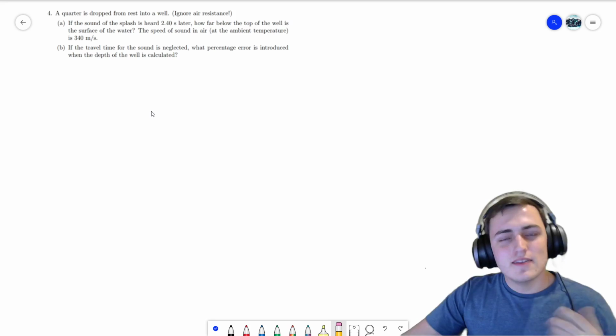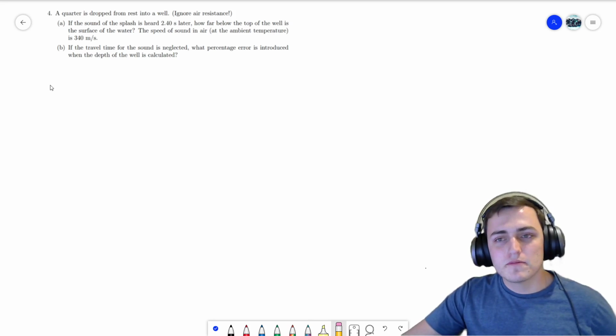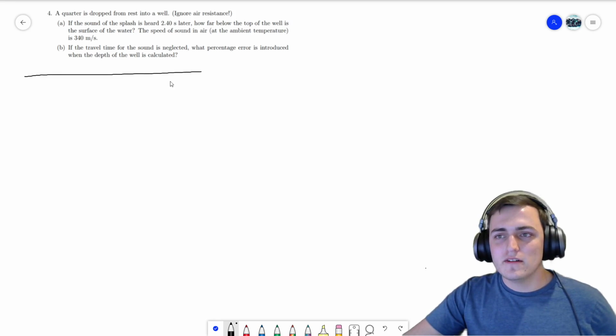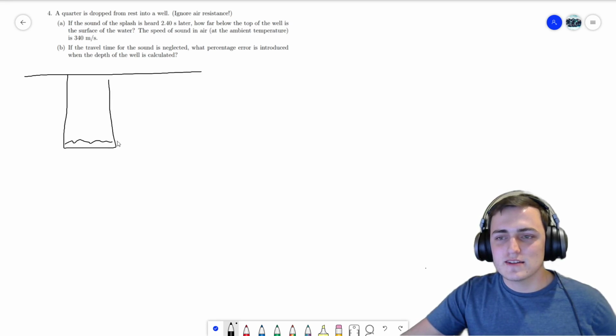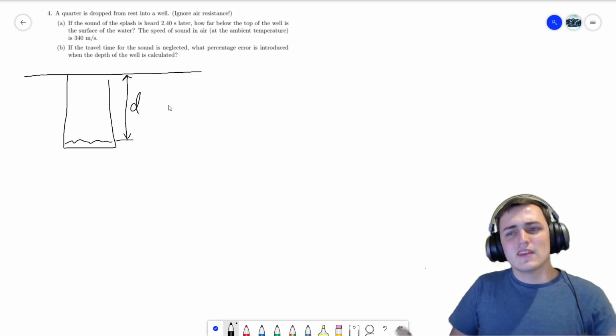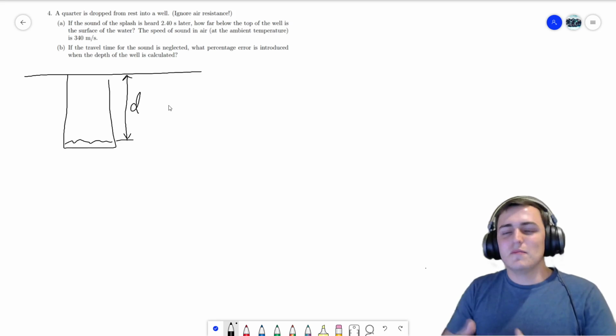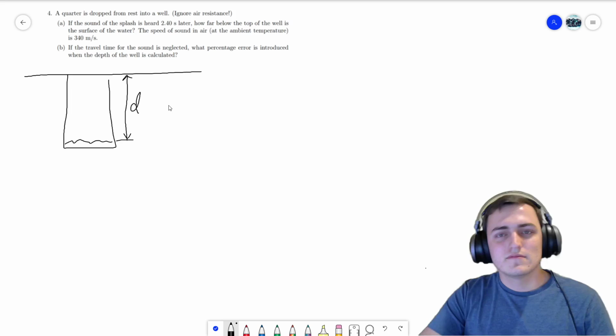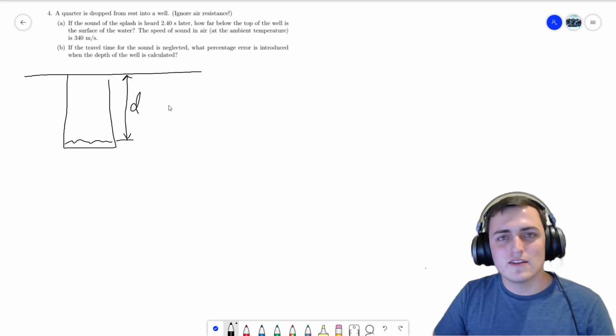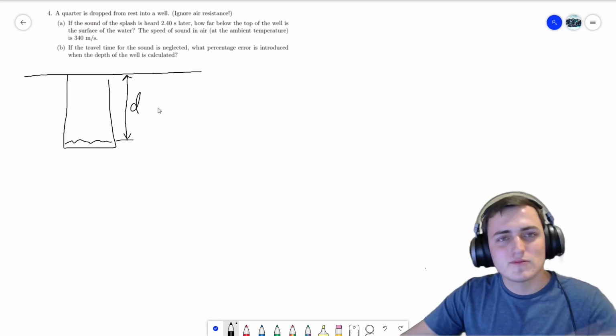So, in this problem, we are given a quarter falling from rest at the top of a well, and you hear a splash 2.4 seconds later. And it says, what is distance d? And distance d is just the magnitude of the distance between the surface of the well and the water towards the bottom.